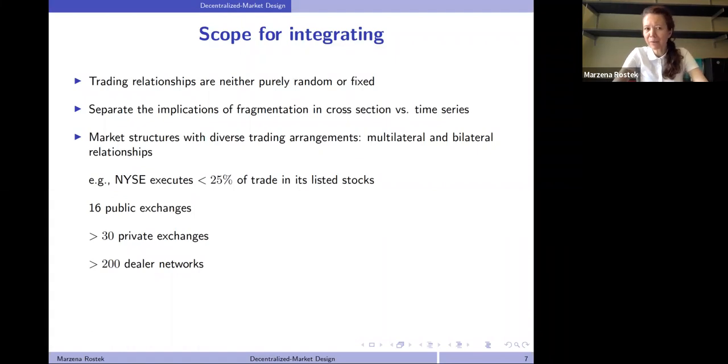And these multilateral relationships cannot be represented as graphs without loss, right? So sometimes it is possible to identify an exchange with a complete graph. We have all-to-all trading. But in general, equilibria and complete graphs differ from those in which agents could interact as a group, as they would in an exchange. So really, we need to model these multilateral relationships. And going forward, we will want to account for an increasingly diverse set of trading venues, right, which builds on these two classes of models.